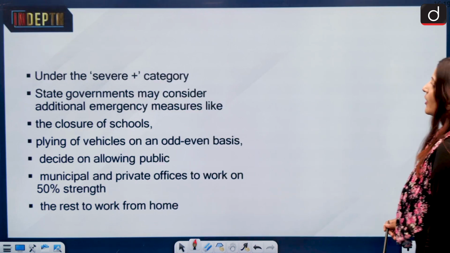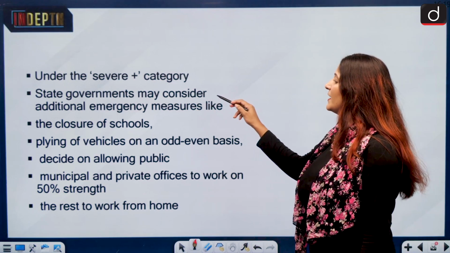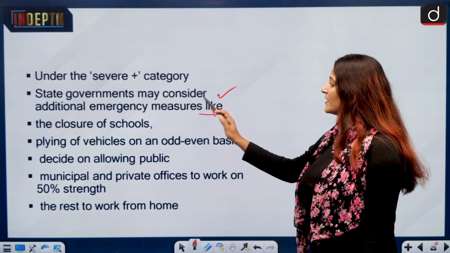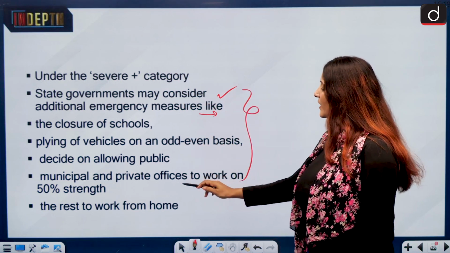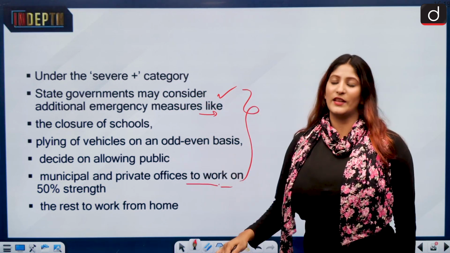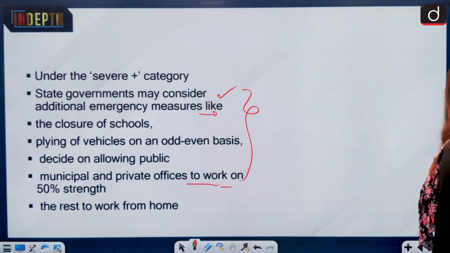Moving ahead, let us talk about the severe plus category. Other measures: state governments may consider additional emergency measures like closure of schools, plying of vehicles. These I have already discussed. Municipal and private offices to work on 50% strength and the rest to work from home. This is, of course, the measures under severe plus category.